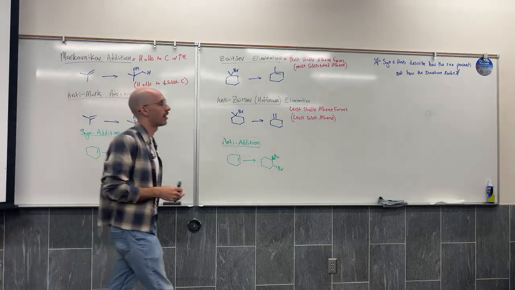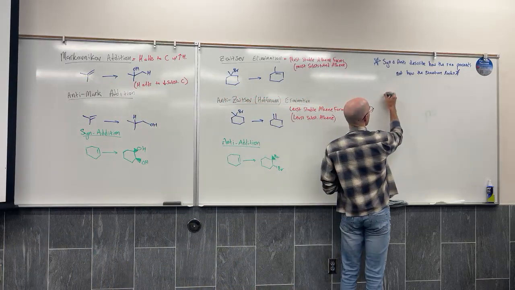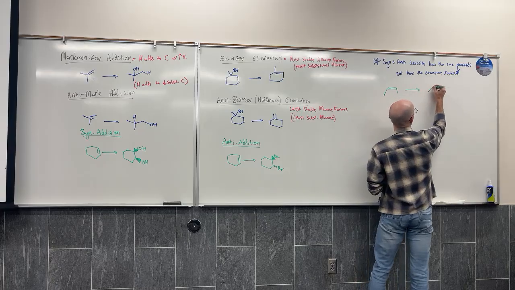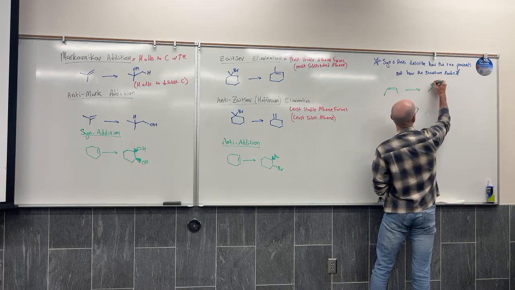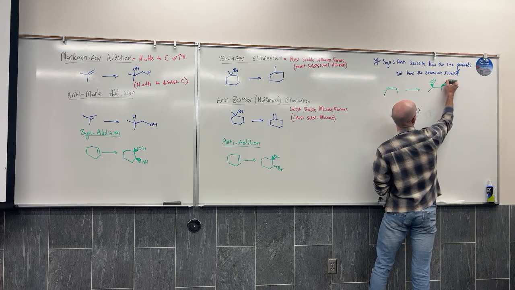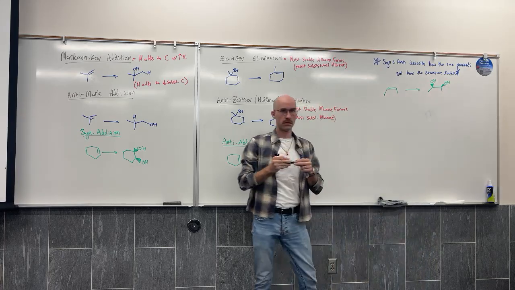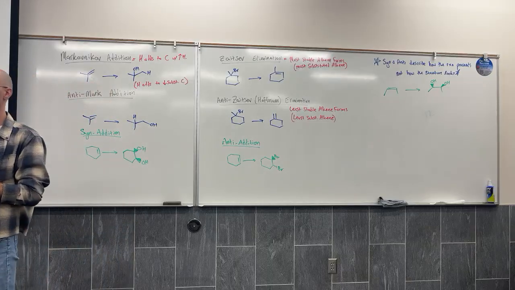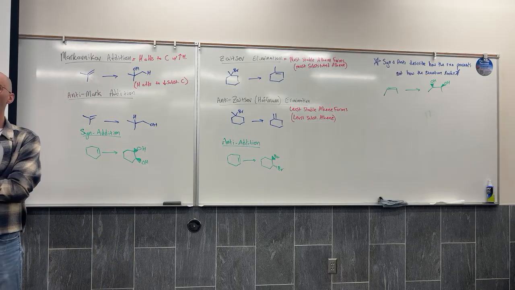But if I do this on a linear alkene, a linear chain, and I form a cis diol, syn diol addition, what do we know about the structure on the right?